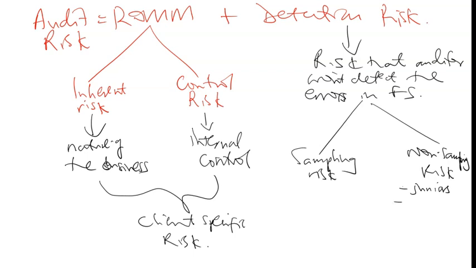So juniors were sent, lack of experience or skill. Sometimes you send people who are experienced in auditing, but they do not have the requisite skill to audit this particular client. So that's a non-sampling risk.